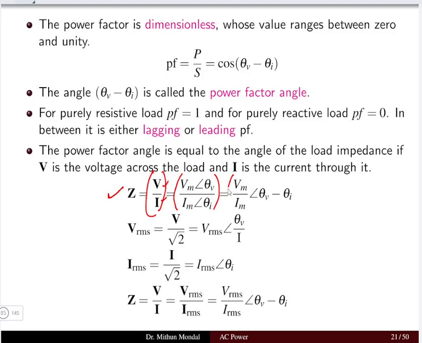So we can take the division of the magnitudes and we can take the angle difference of the voltage and the current.